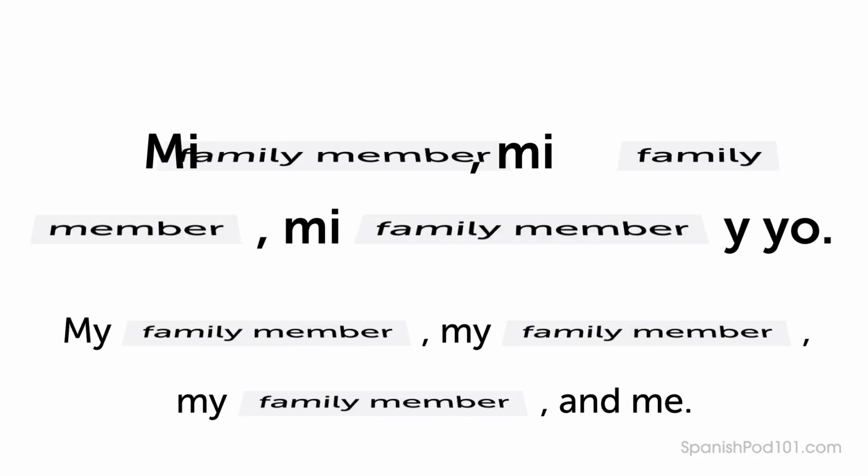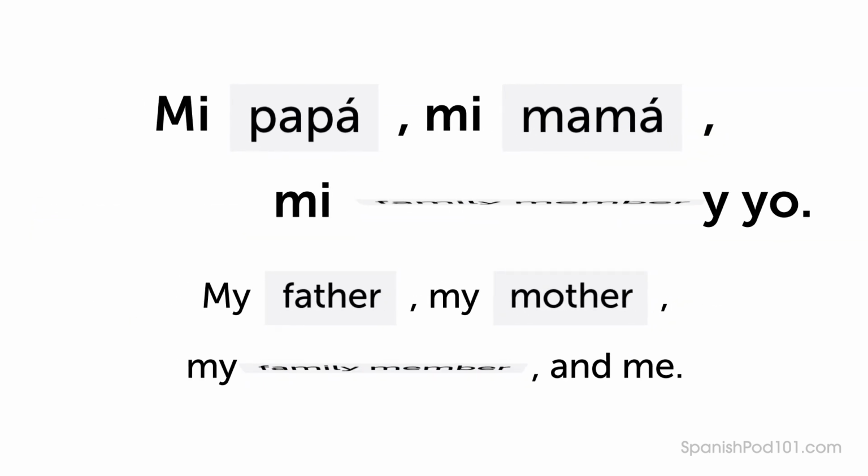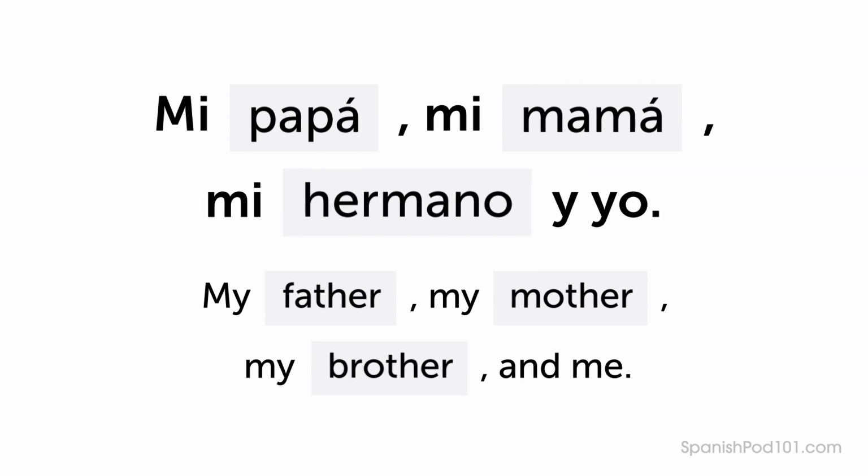The pattern is Mi family member, mi family member, mi family member y yo. My family member, my family member, my family member, and me. To use this pattern, simply replace the family member placeholder with the members of your family. Imagine your family members are your father, your mother, your brother, and you.